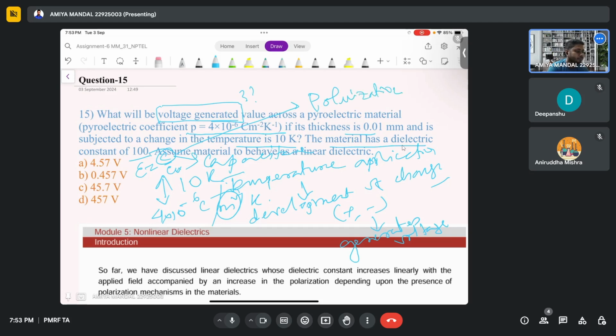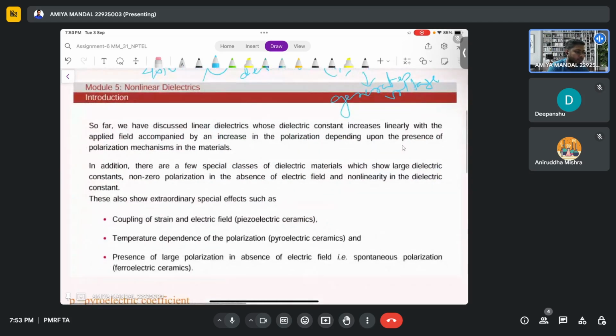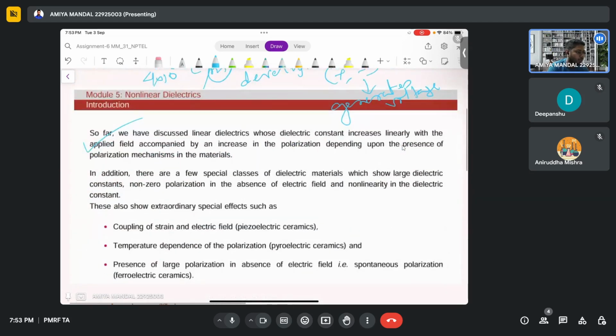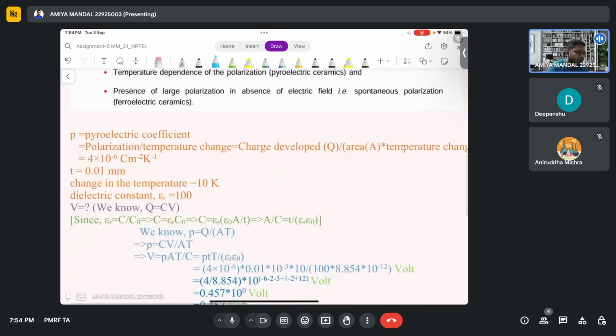And this creates the voltage generation. So C is nothing but epsilon naught A by d. Let's try to find out. This is a non-linear dielectric. You have also learned about non-linear dielectrics, with non-zero polarization in the absence of an electric field. So what is the pyroelectric coefficient?